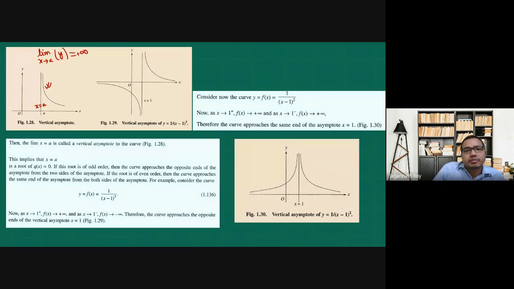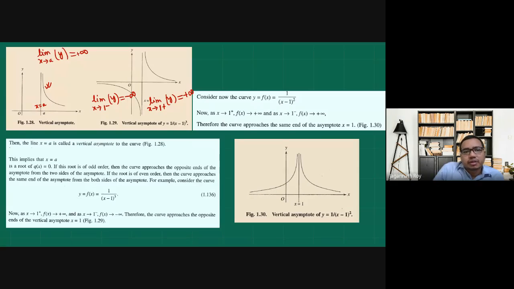Here, x goes to 1 plus, then it will go to plus infinity. So if you take this limit, y goes to plus infinity. If you take the left hand side limit, x goes to 1 minus, then y will be minus infinity.